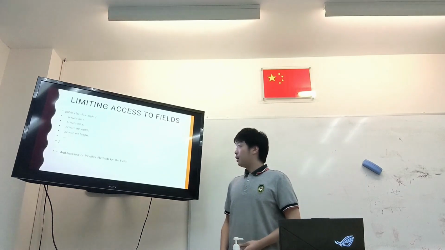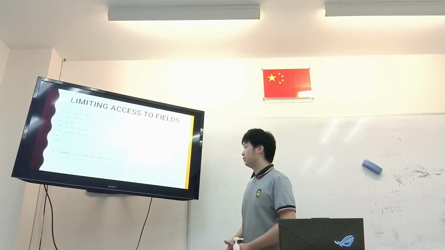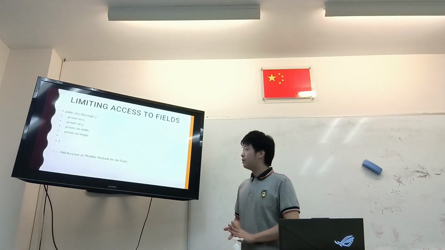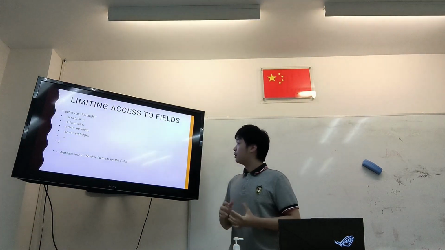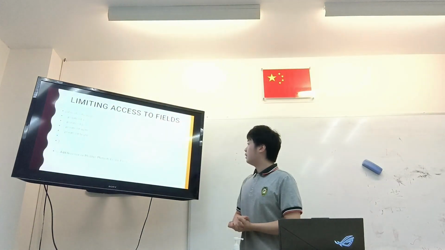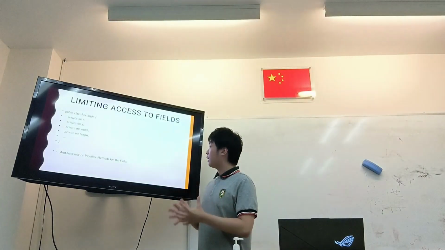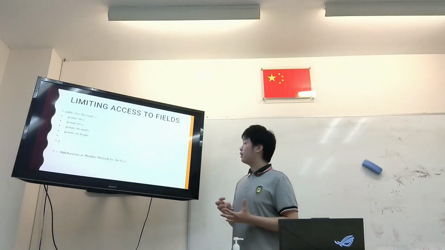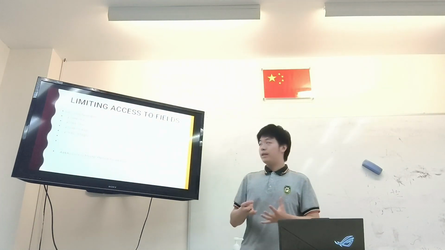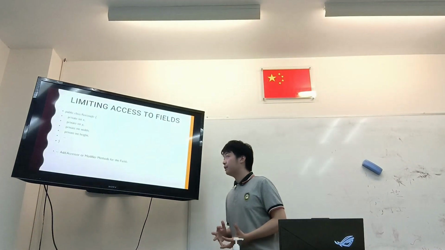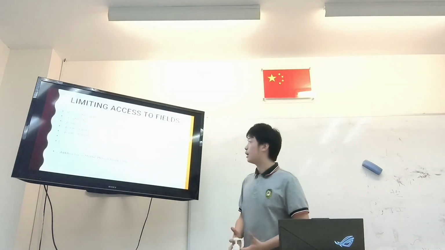So we can turn it into private fields. Private fields cannot be called from outside of the class. If you want to get its value or operate with it, you can do this inside the class.